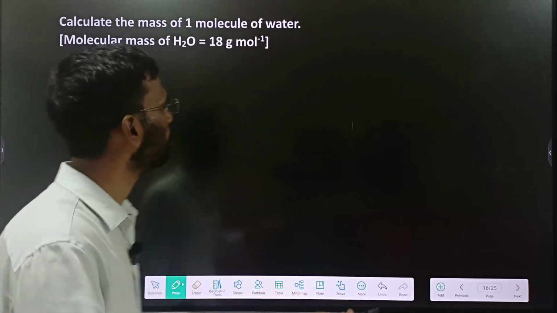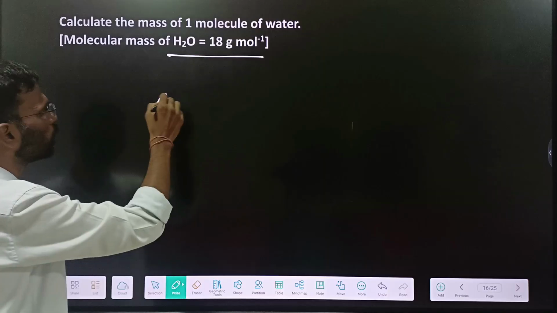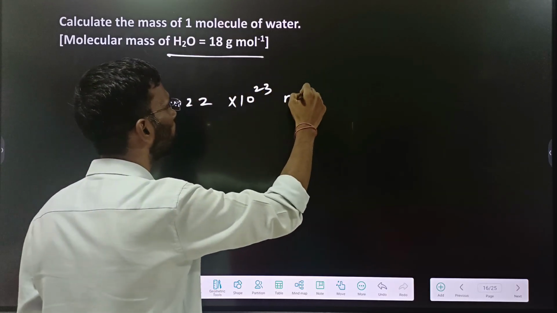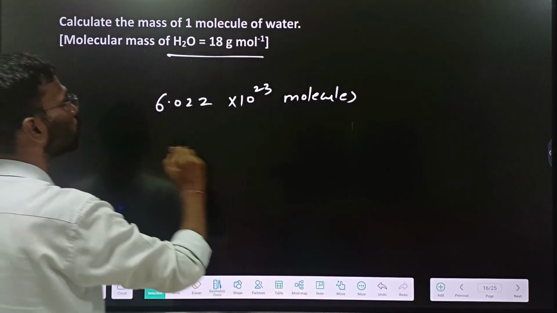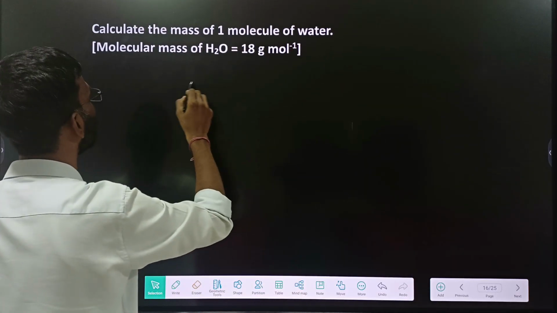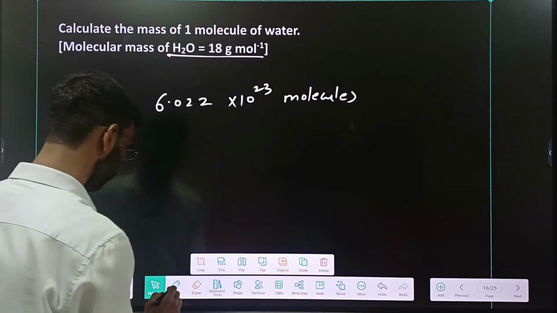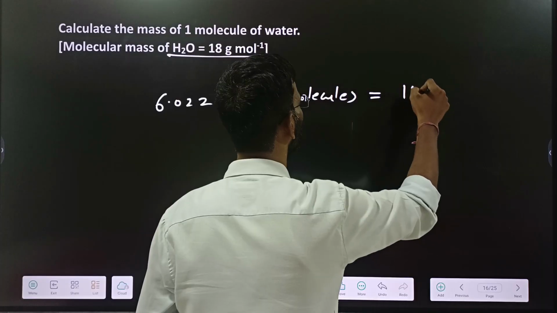My concept from the molar mass, we know that 6.022 into 10 raised to 23 molecules of H2O will weigh how much? 18 gram.